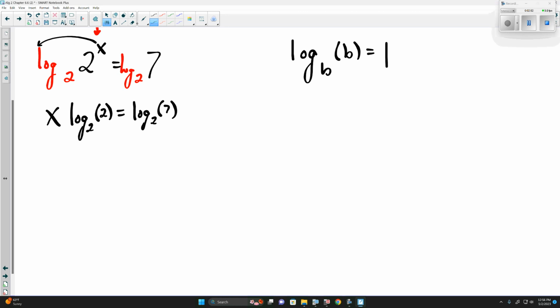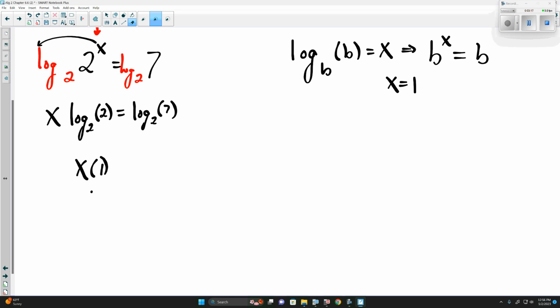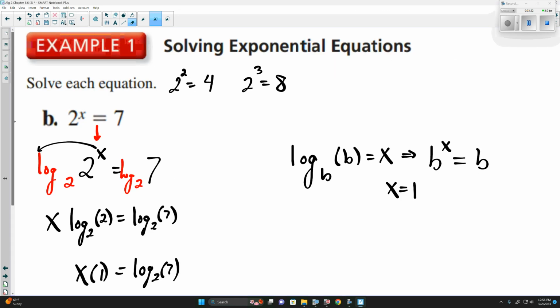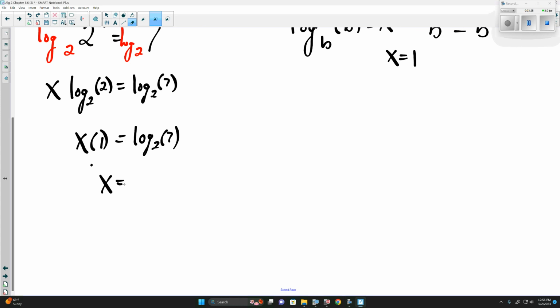We could show this pretty easily, because if we said x instead of 1 and wrote this as an exponential, we would say b to the x is equal to b. The only way this works is if x is 1. So whenever the base and what's inside the logarithm are the exact same, it simplifies to 1. This tells us that x times 1 is equal to log base 2 of 7, which is really just telling us that x is equal to log base 2 of 7.